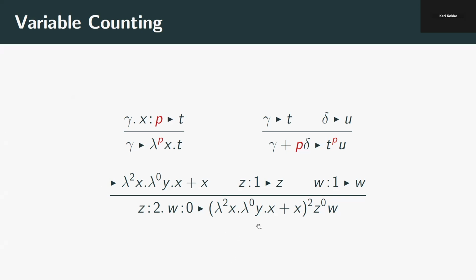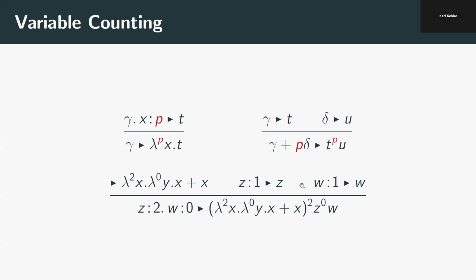So there is a simple example here. These two variables, z and w, are used once by themselves. And we have this function taking two variables. The first one is used twice, the second one is unused, and we add the first variable together with itself. So at least if we believe that plus uses its arguments once, this seems to make sense. y is clearly unused and x should be used twice.